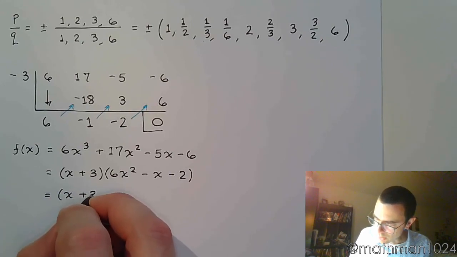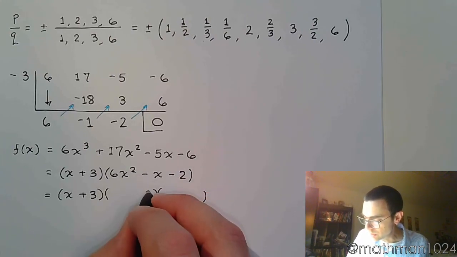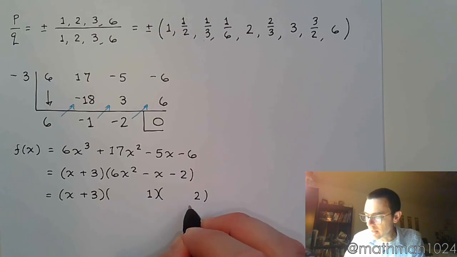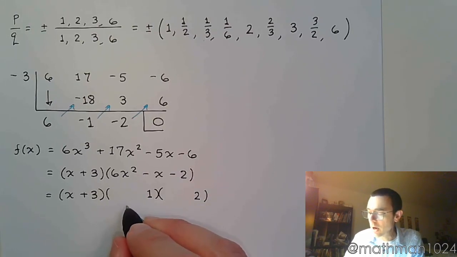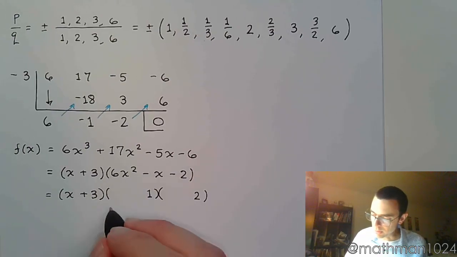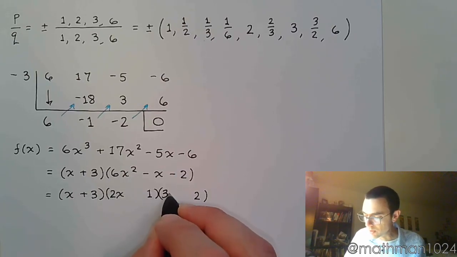Now, I've been factoring for quite a while, and here's something that I already know. I know that 2 has to factor as 1 and 2. And if we were already working with the numbers 4 and 3, I've got to think about how I can get 4 and 3 from doing the inside and outside of this factorization, right? Well, the 2 is kind of a standout to me. 2 is not going to contribute to the 3. It's going to contribute to the term that gives you a 4x in the middle. So 2 is going to have to multiply times 2 over here, and 1 has to multiply times 3 here.